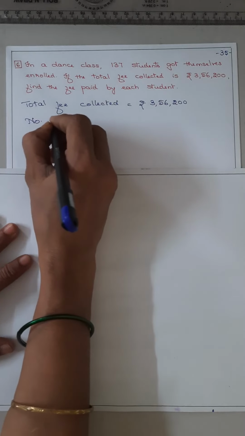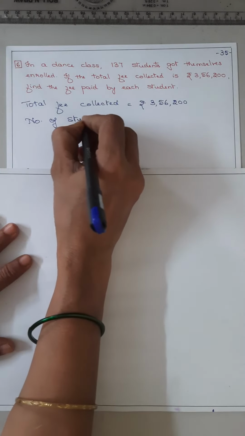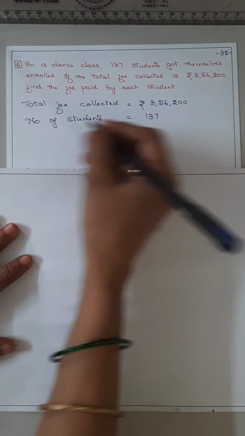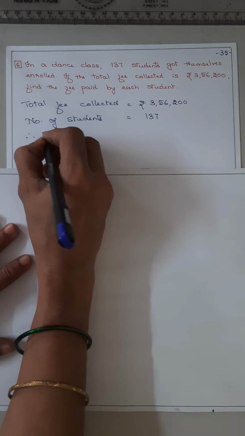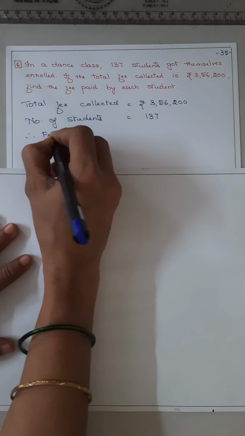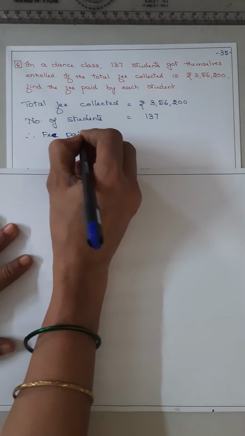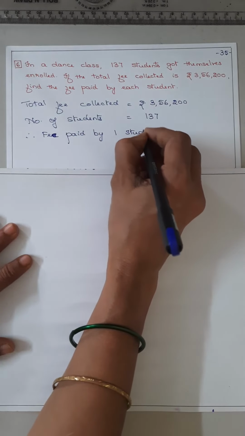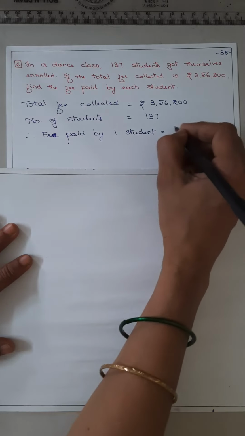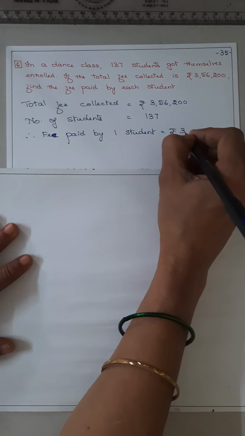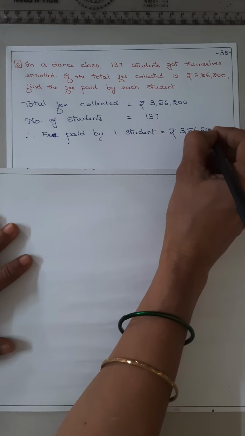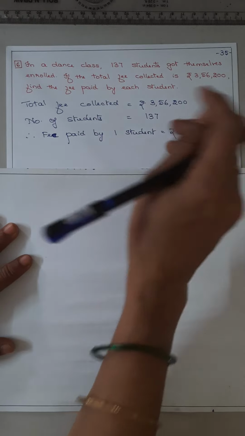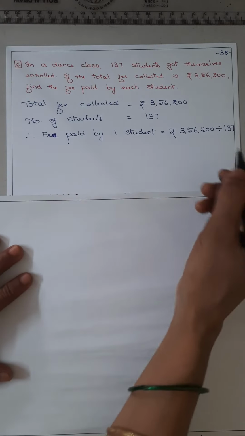Number of students is equal to 137. Therefore, fee paid by one student. Each means one, remember. So it is 3,56,200 divided by 137.